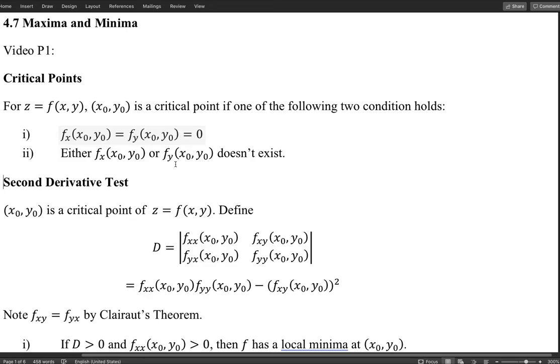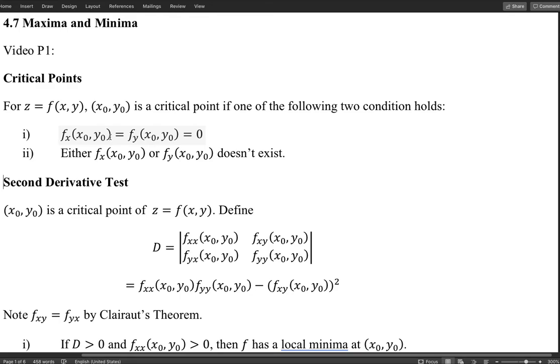Or you could have the case where a partial derivative is not defined; that is also a critical point. For our consideration, mostly we are just going to consider the case when partial derivatives are defined and both are 0. That is a critical point.